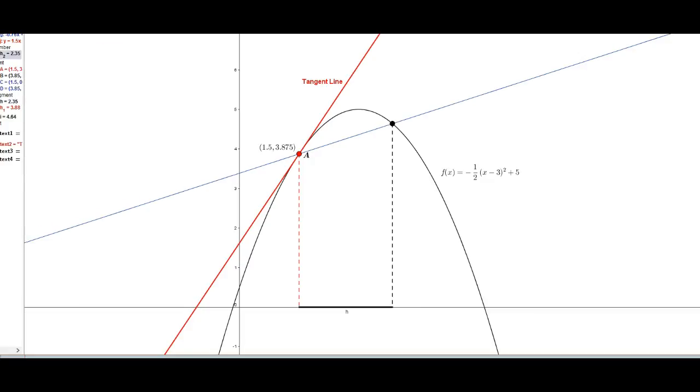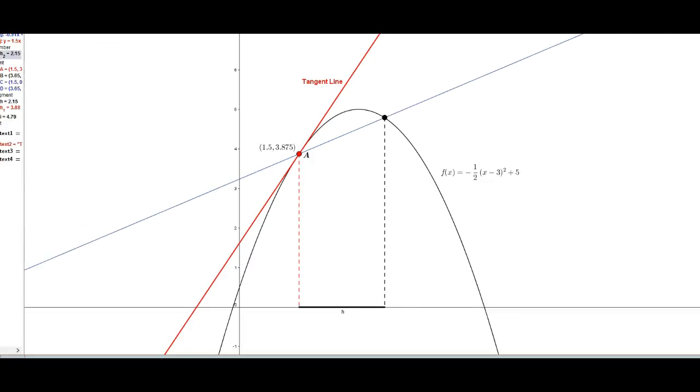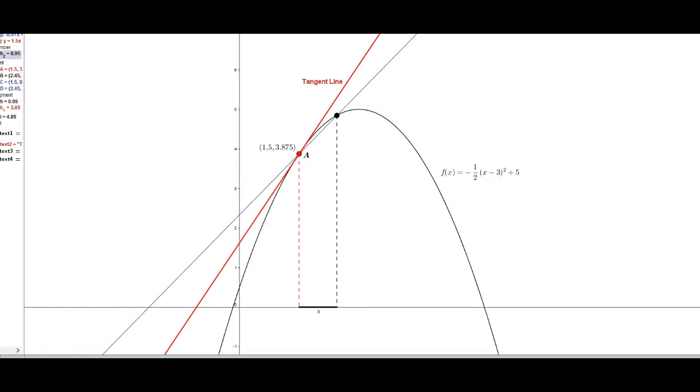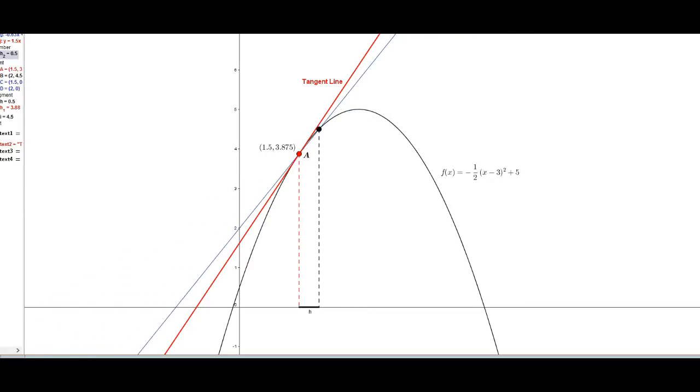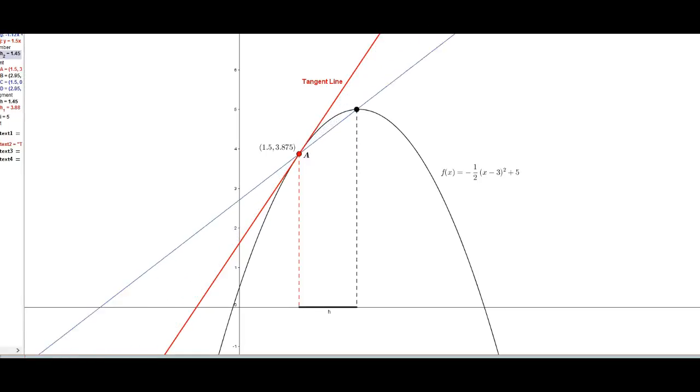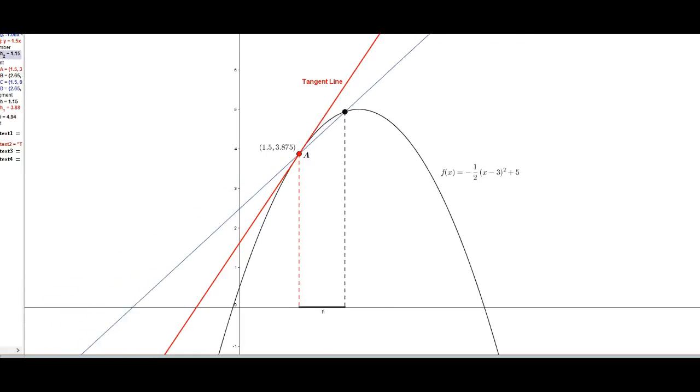We're essentially allowing that point to get closer and closer to point A without actually getting to A. If it actually gets to A, that's where that blue line turns into the tangent. But in order for us to calculate the slope, you don't want those two points to coincide. So that's really where the notion of the limit came from.